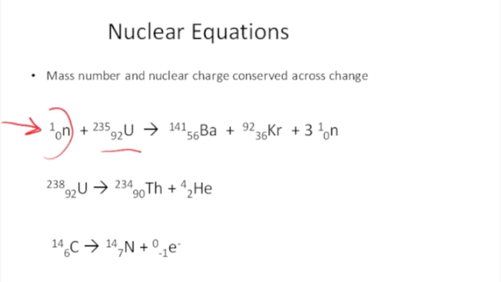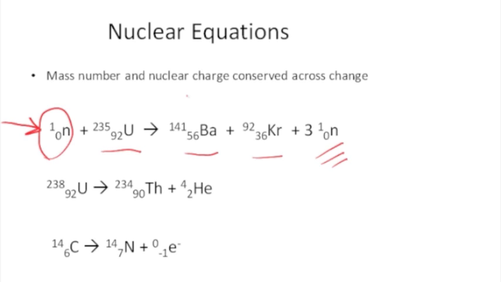We bombard it with a neutron that has moderate kinetic energy, and then the uranium-235 breaks into two new nuclei, in this case barium-141 and krypton-92, and then emits three more neutrons plus energy. All of these particles then are carrying a great deal of kinetic energy.